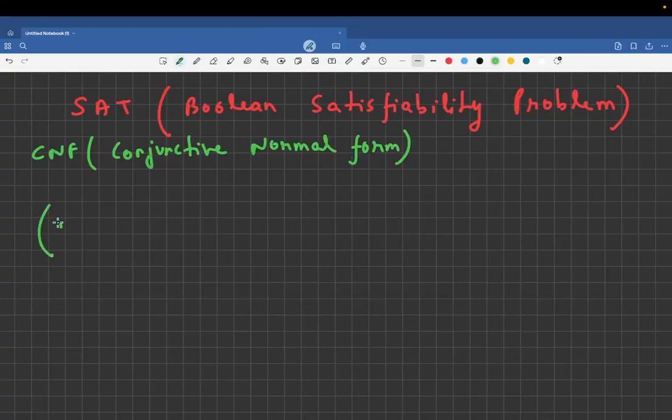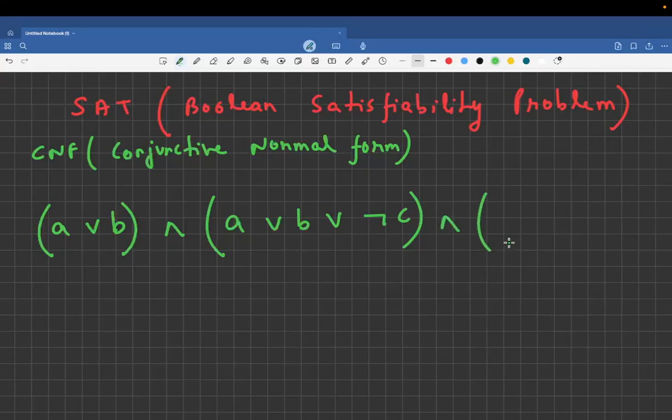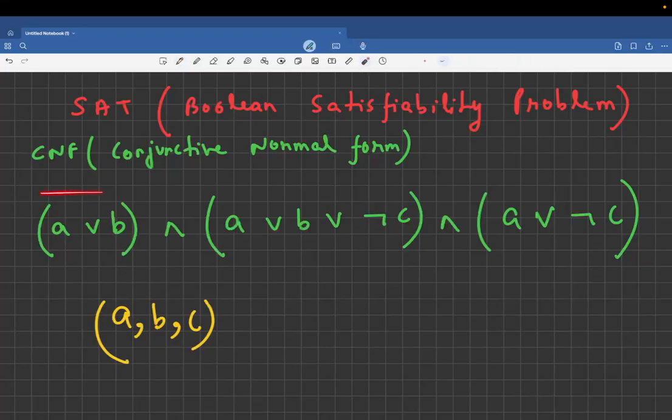So if I simply write this, let me write a clause. Let's suppose A or B. Another clause as A or B or not C. Another clause as A or not C. If I write these clauses, the Boolean satisfiability problem is assigning some values to variables A, B and C such that the value for this particular expression returns true.